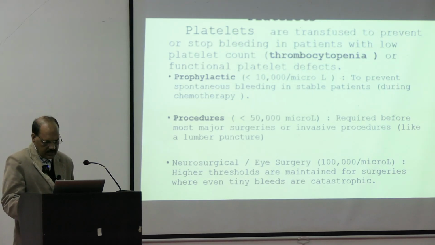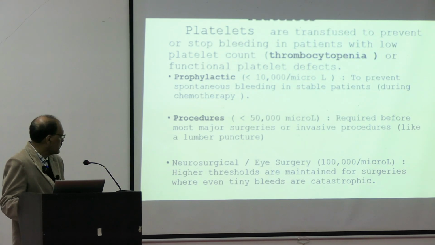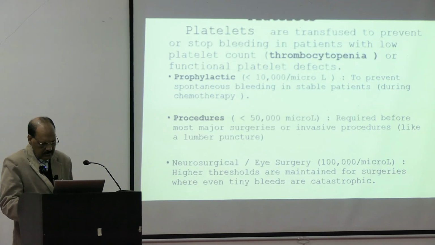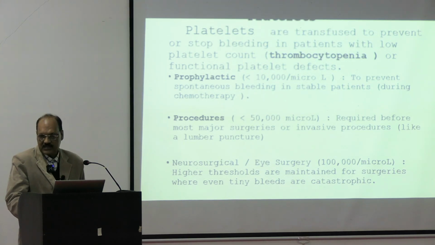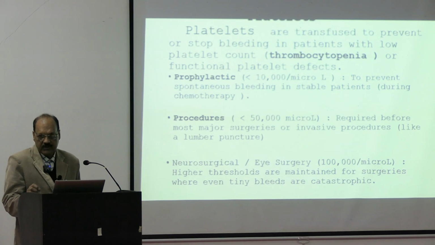Then for some neurosurgical or eye surgery, when the platelet level is 1 lakh per microliter, a high threshold is maintained for surgery where even tiny bleedings are catastrophic. Even a small amount of bleeding is not expected in a neurosurgery patient or an eye surgery patient. So in that case, the platelets have to be infused.